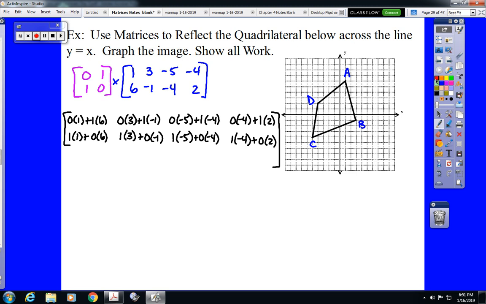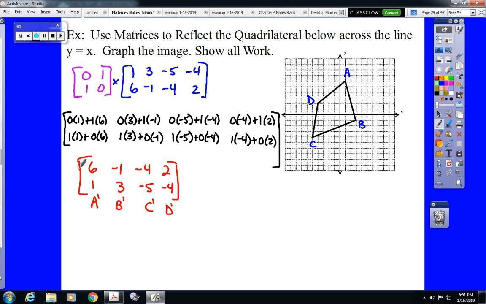We're going to reduce each one of those down to a single number, which should be 6, -1, -4, 2, 1, 3, -5, -4. Again, that is our image, A prime, B prime, C prime, D prime.